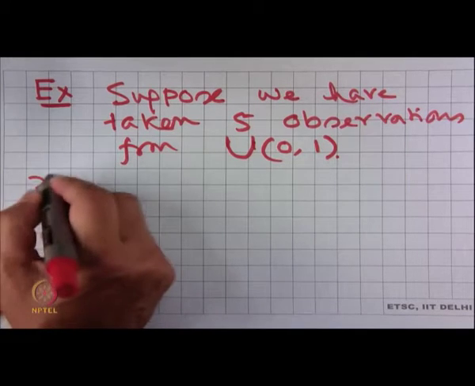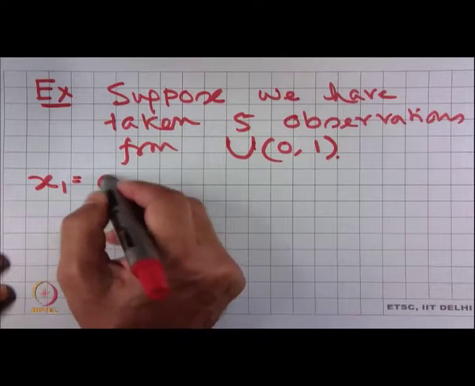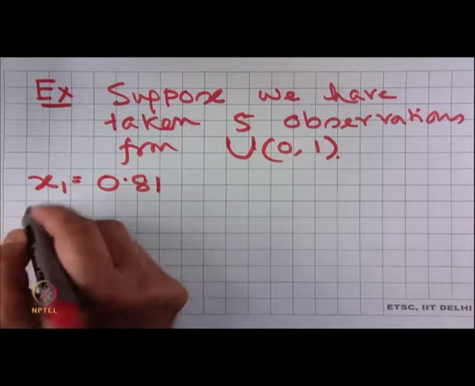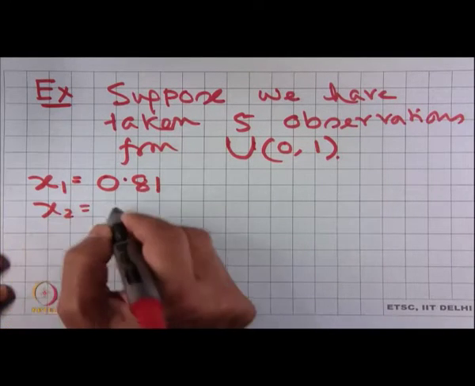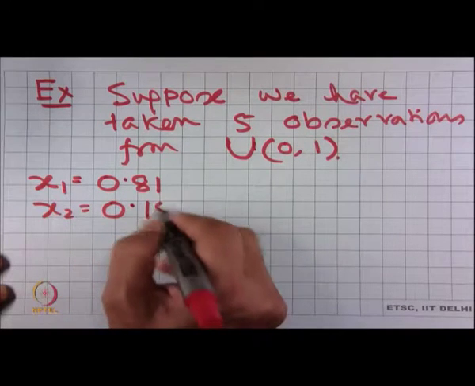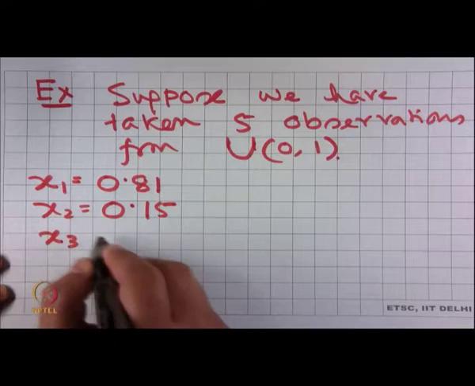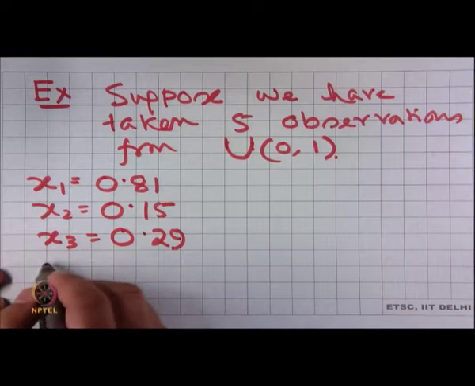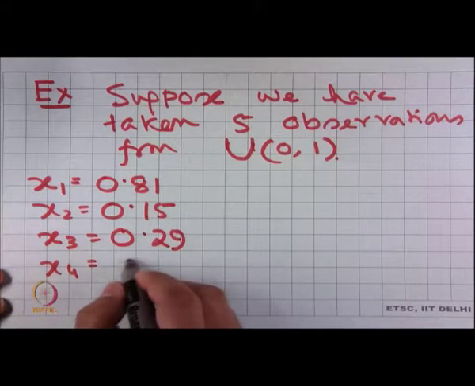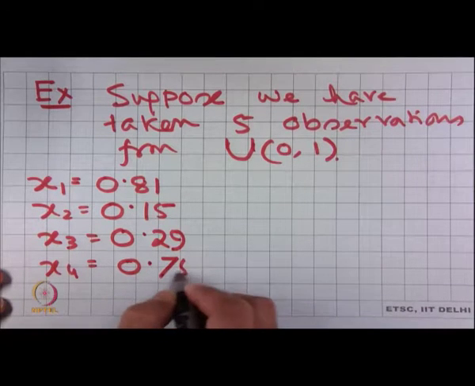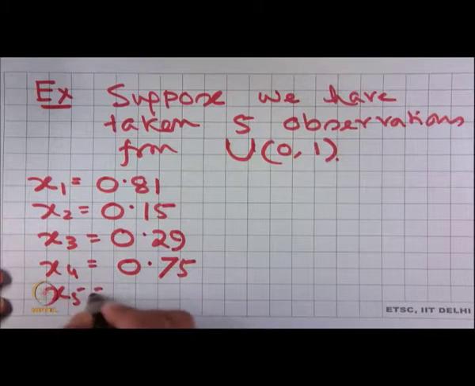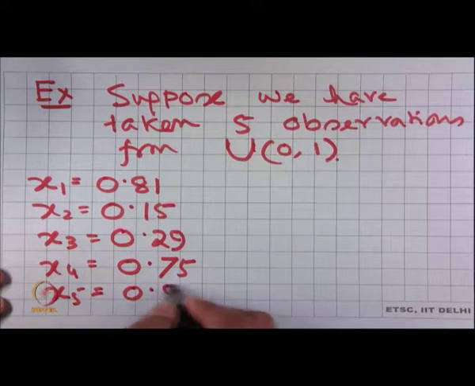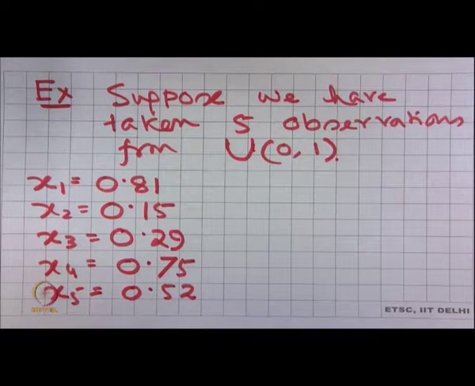Let x 1 be 0.81, x 2 is equal to 0.15, x 3 is equal to say 0.29, x 4 is equal to 0.75 and x 5 is equal to say 0.52. As you can see that they are not in any sorted order.